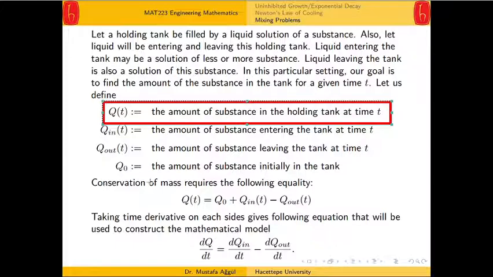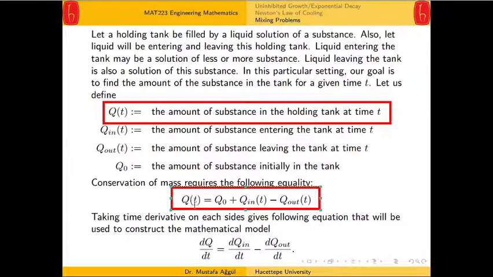The conservation of mass requires the following equality. Q(t), the amount of the substance in the tank, is equal to the initial amount plus entering amount minus leaving amount. So this is basically the conservation of mass.